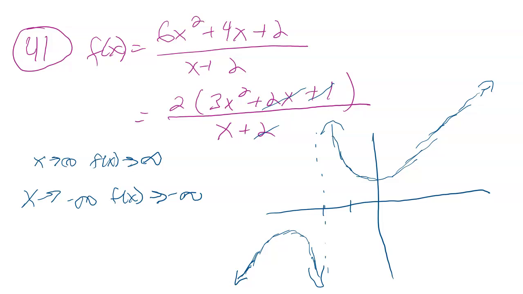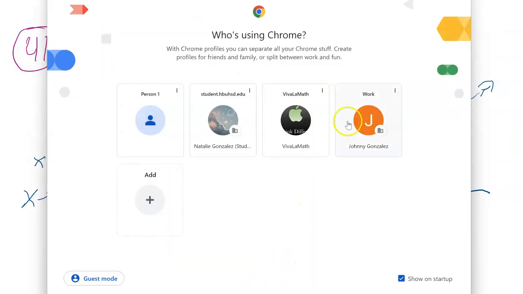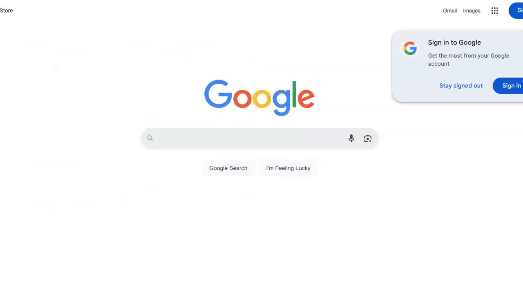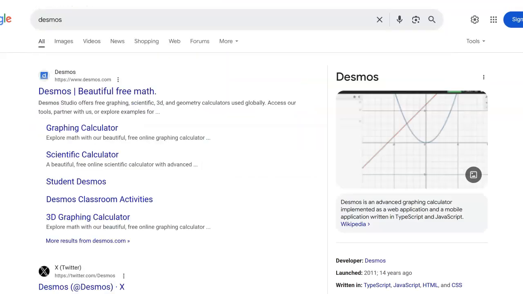All right, so then let me drop this in Desmos just so I can check it.